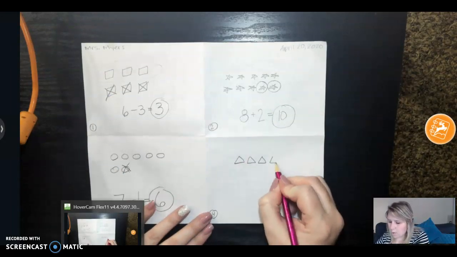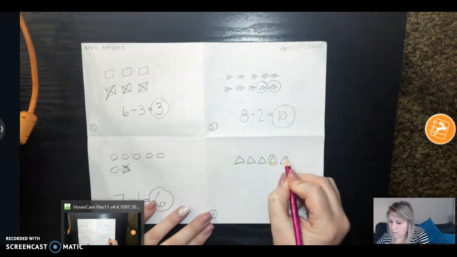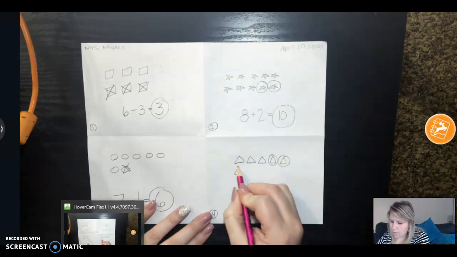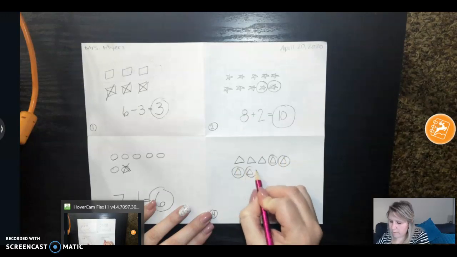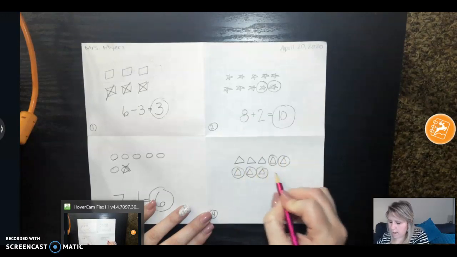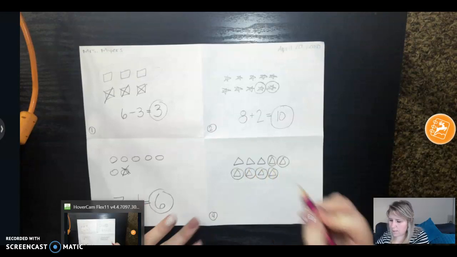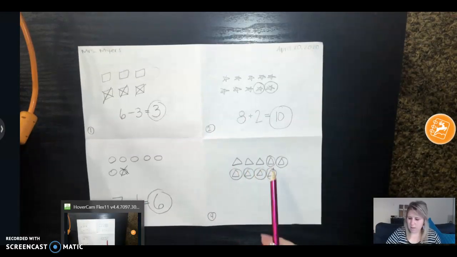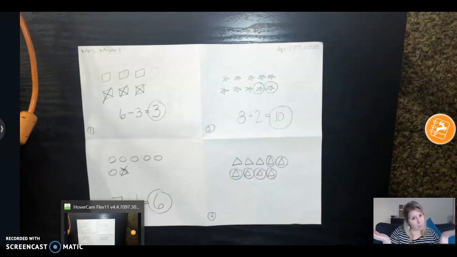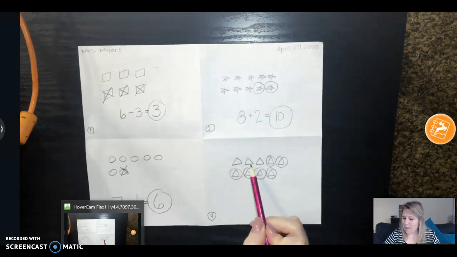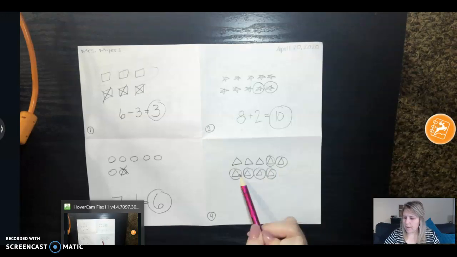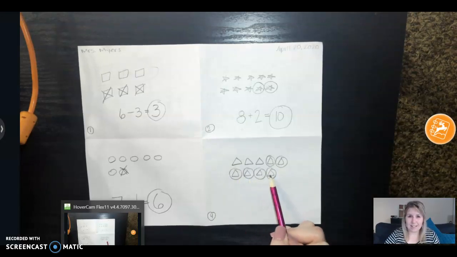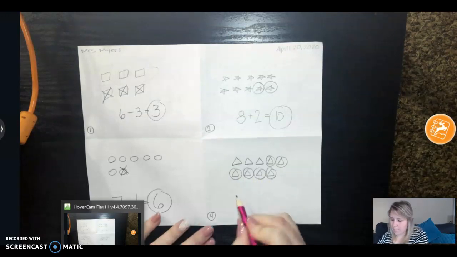So I'm going to go 1, 2, 3, 4, 5, 6. 3 sheep were on the farm. 6 more sheep came to play. How many sheep are on the farm? Let's count. 1, 2, 3, 4, 5, 6, 7, 8, 9 sheep are on the farm.